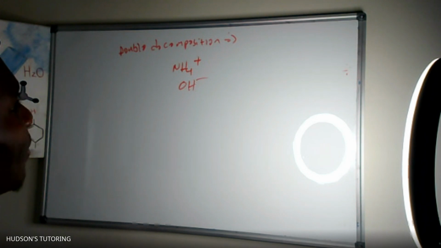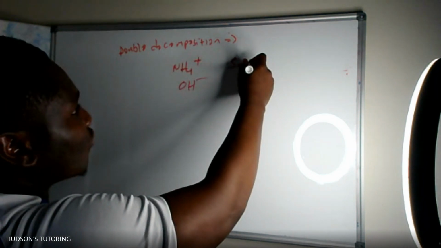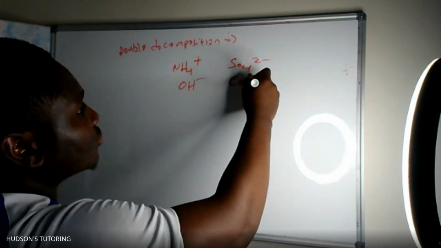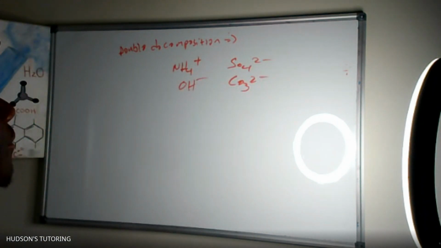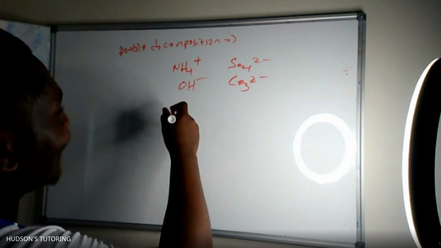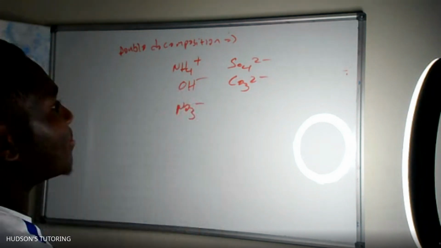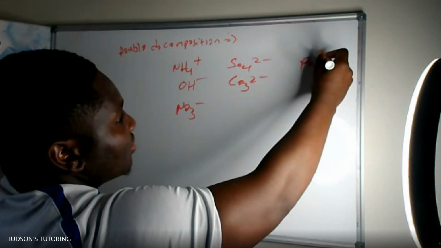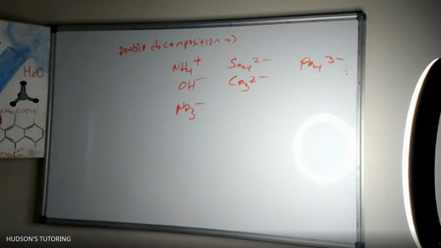We also have the sulfate radical, SO4 2-, the carbonate radical, CO3 2-, the nitrate radical, NO3 minus, and the phosphate radical, PO4 3-. Good. So these are all radicals.